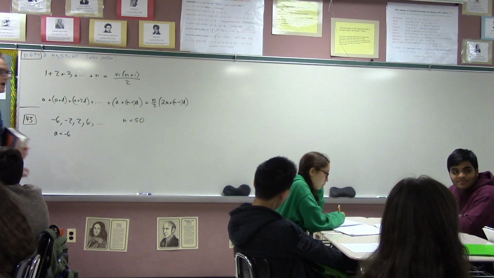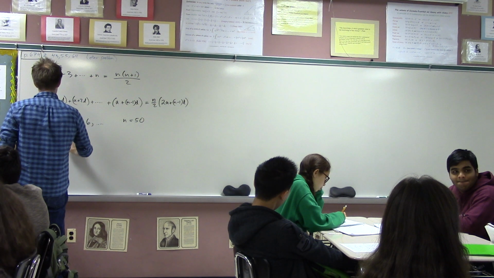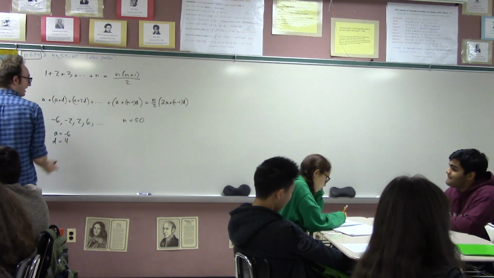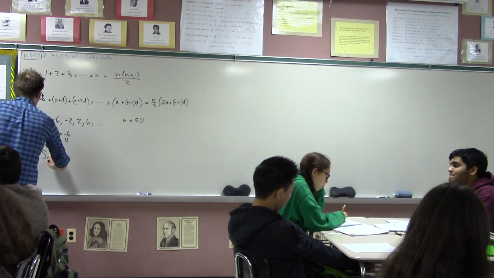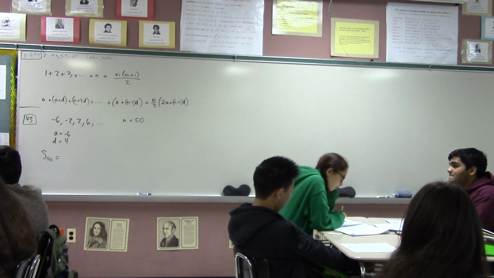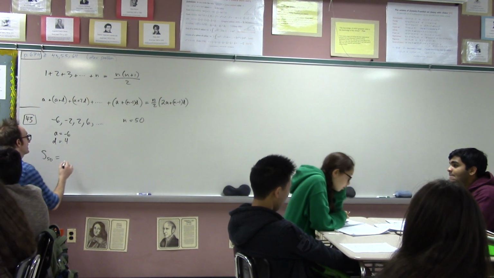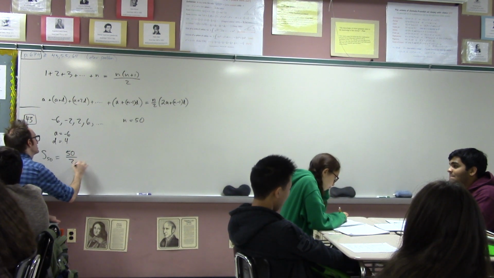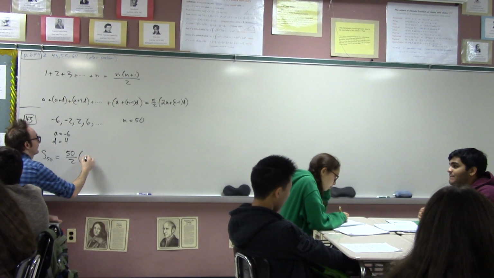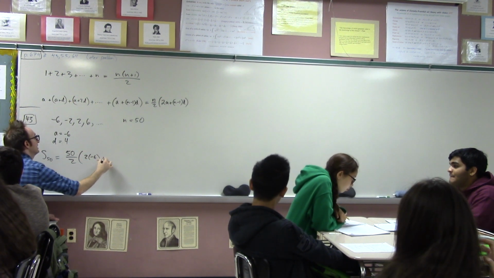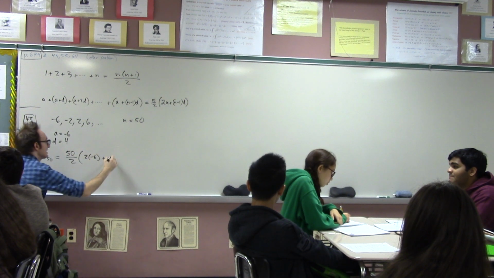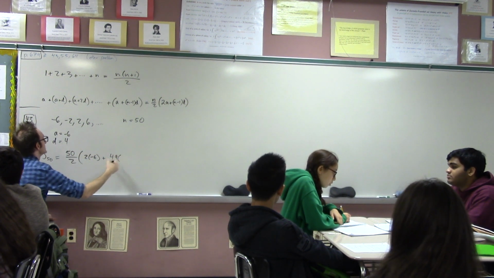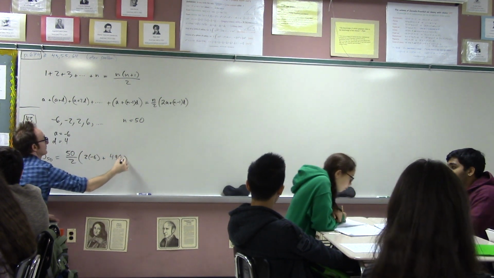Well, it's 4, yeah? So d is 4, and so probably what I would do is to just use the formula. The sum of the first 50 terms must be 50 over 2 times twice the first term plus, and if I'm on term 50, then 49 times must I have added 4.